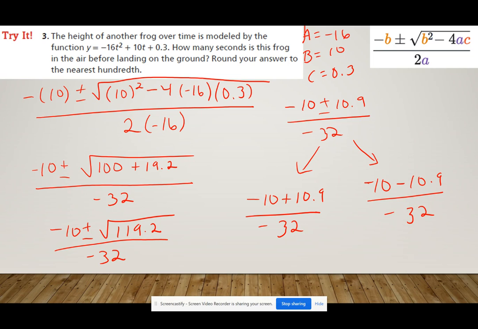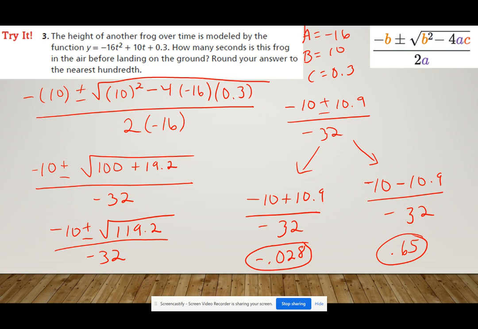Okay, so the first one, negative 10 plus 10.9 divided by negative 32, I get negative 0.028. Again, I rounded a little bit. And my second one, I get 0.65. Looking at our problem, we have to figure out which one makes sense.